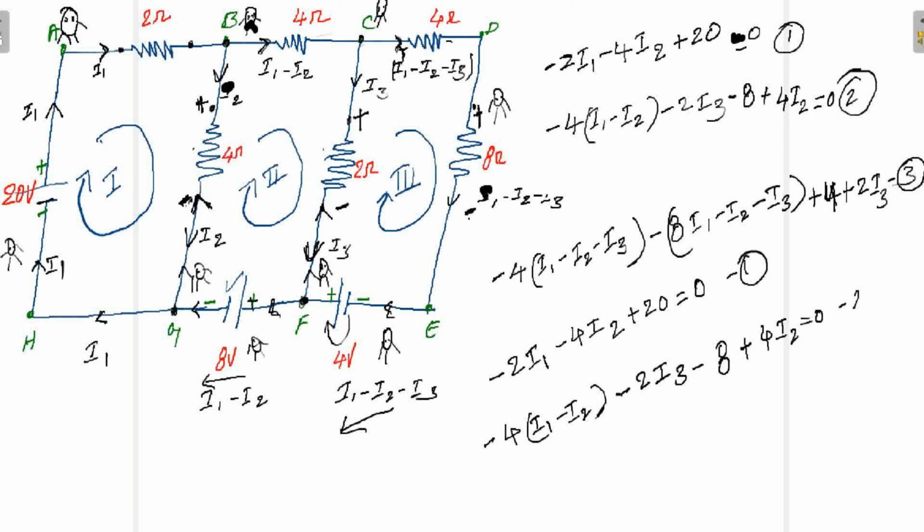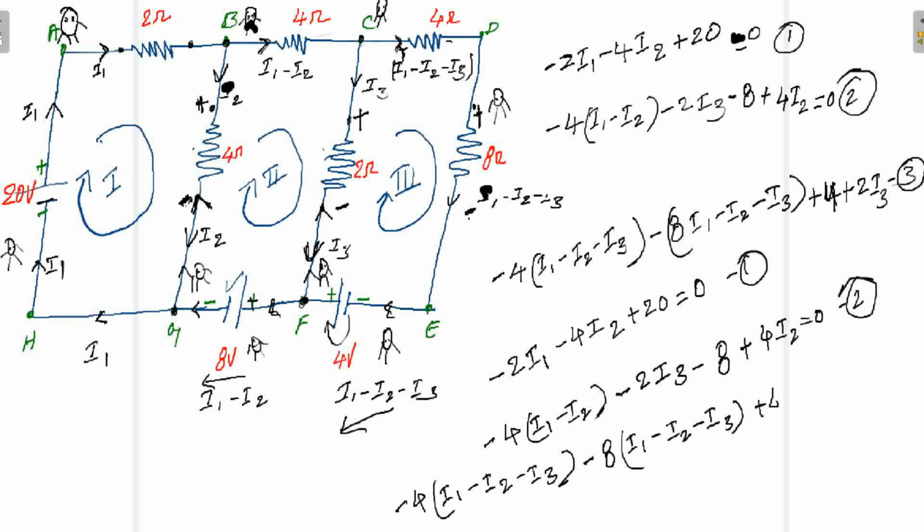This is your equation number 2. And the third equation is minus 4 into (I1 minus I2 minus I3) minus 8 into (I1 minus I2 minus I3) plus 4 plus 2 into I3, which is equal to 0. This is equation number 3.